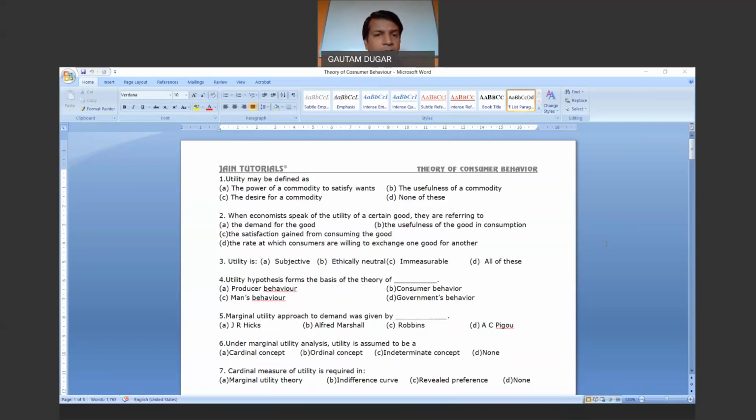So, going back to the MCQs, utility may be defined as the power of a commodity to satisfy human wants. Next question, question number 2.